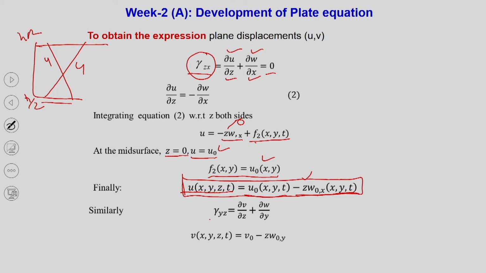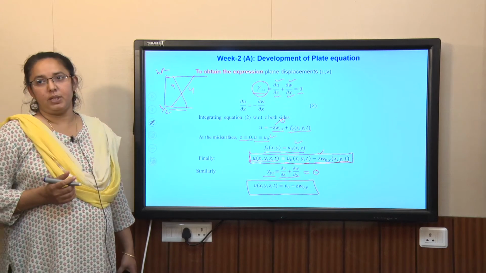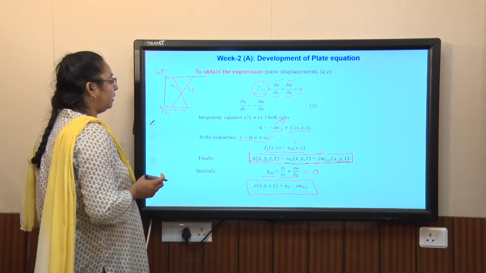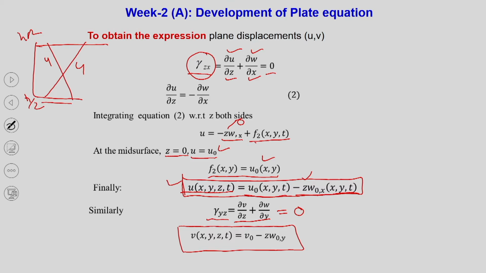Similarly, for the gamma yz definition, if you equate it to 0, integrate with respect to z and put the middle surface at 0, v is equal to v naught. So, we find v naught minus z times w comma y. So, you see here, based on the assumptions we can find the variations of the displacement variables across the thickness.